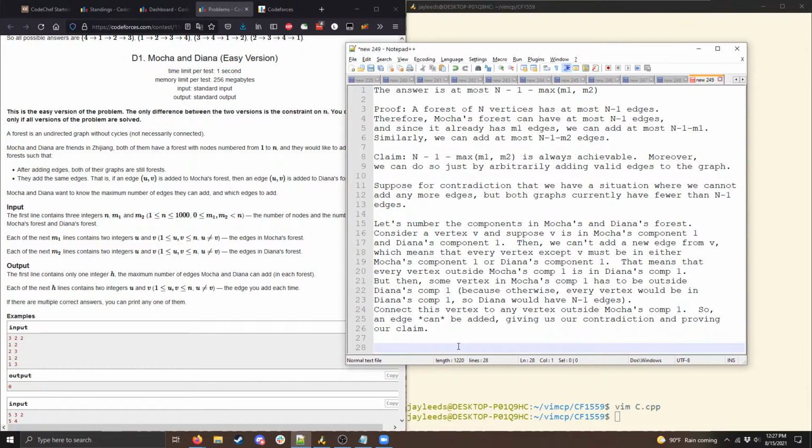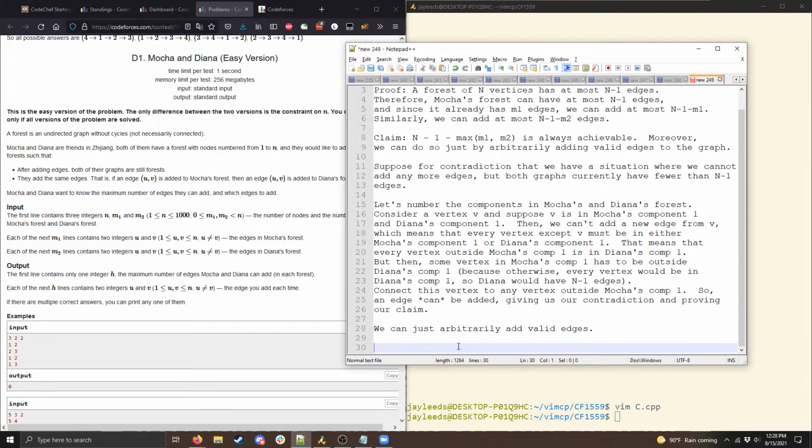But let's talk about how you can actually go from here to some code. So what we realize is we can just arbitrarily add valid edges. An immediate guess would be that we can maintain the two forests using a DSU, disjoint set union, which if you aren't familiar with, I would encourage you to learn some more about it before solving this problem.